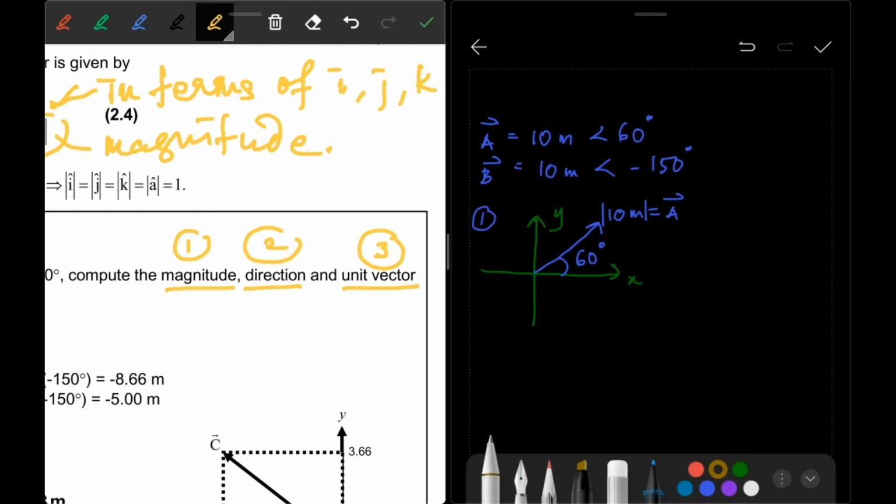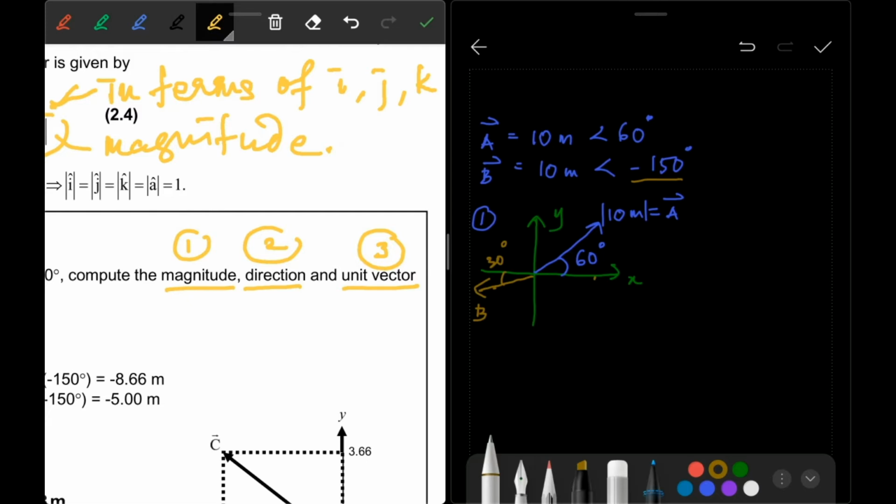That means it is in the third quadrant, so it's somewhere here. This is vector B, and then the angle here will be 30 degree, because 150 starts clockwise from here until here. So here I will use 30 degree as an angle for the calculation, but if you want to use this angle, that's also fine.